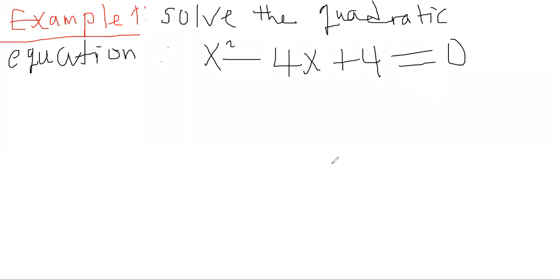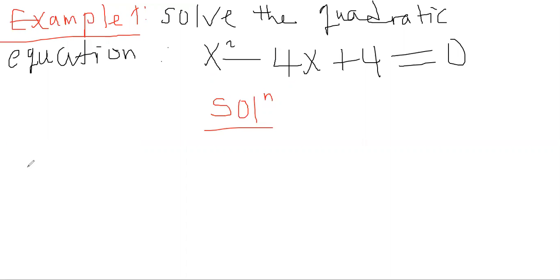When you are asked to solve this, it means they are asking us to find the value of x. So we have our solution. First, let's use the quadratic formula. Then we will use factorization. Whichever method you use, you should arrive at the same answer.